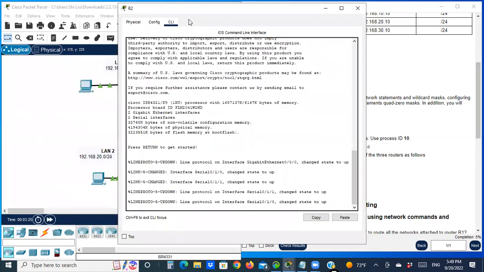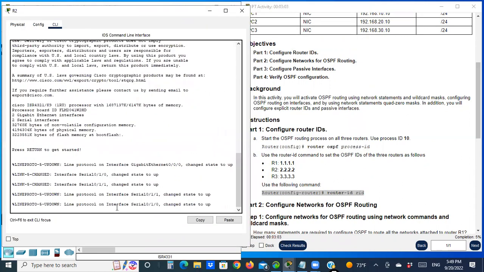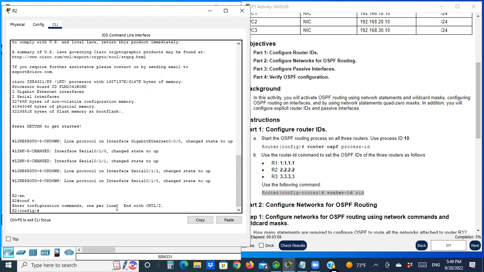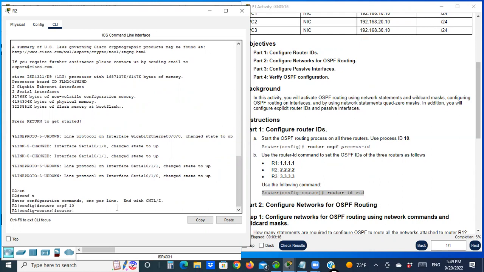Let's do R2. Enable, configure terminal, router ospf 10, router-id 2.2.2.2, the router ID for R2, router 2.